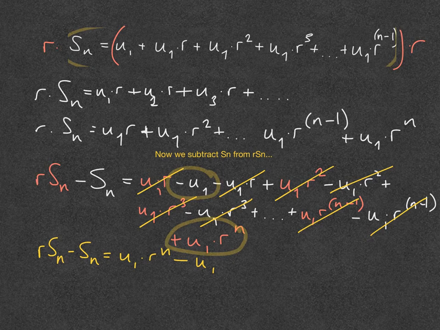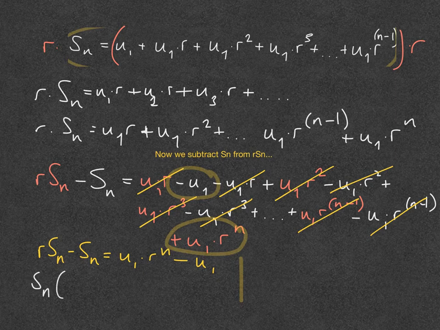Now, here's another cool trick. What we're allowed to do now is pull out the bits that are common on each side and put them into parentheses. You've learned how to do this before. Sn is part of both terms.